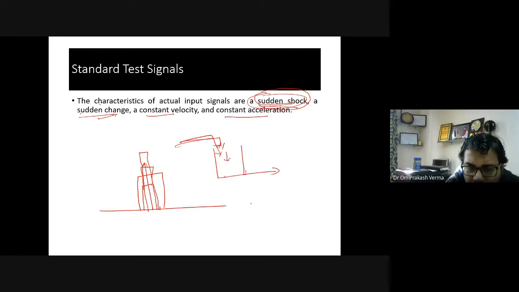It means at t equal to 0, the output magnitude is going to be very, very high. This magnitude is represented with the help of the impulse response, nothing else. We have already seen impulse response in signals and systems also, if I am not wrong.